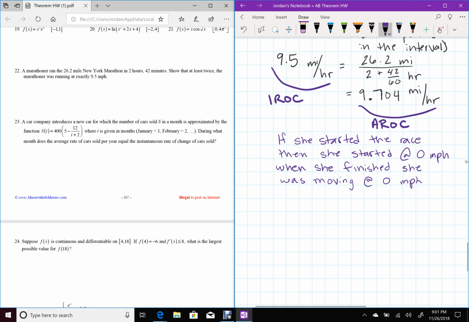So, since 9.704 is greater than 9.5, she would have had to have crossed that IROC.